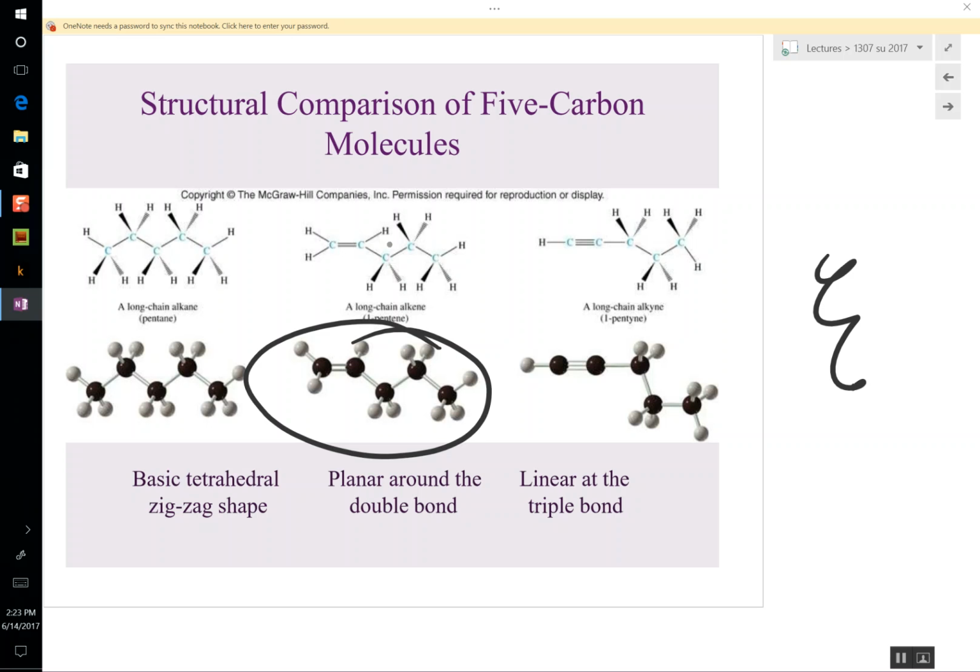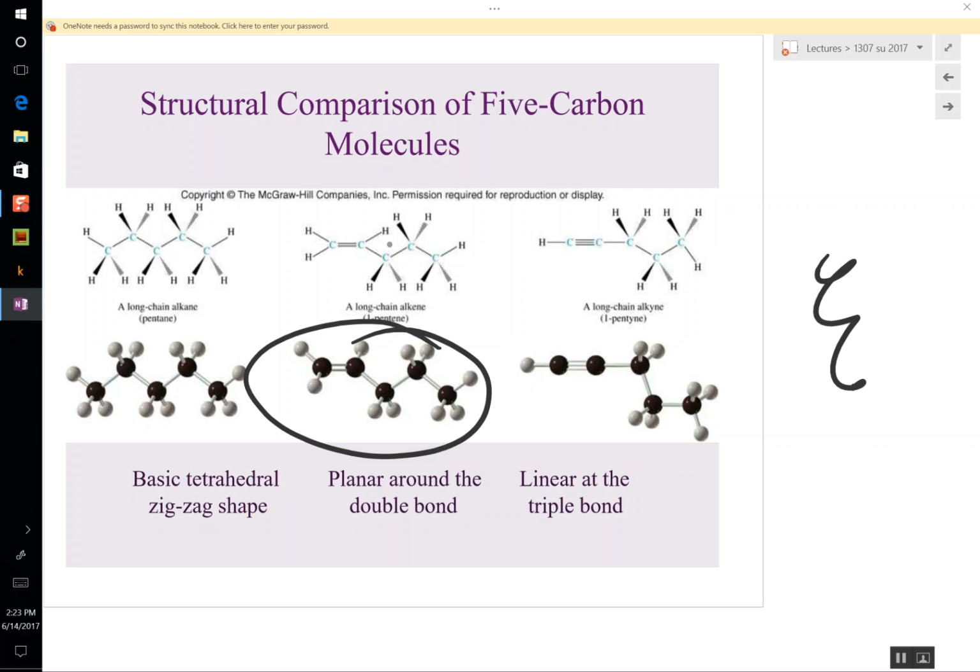What's going to be applicable? IUPAC rules. Find the longest chain. The 6 substituents you learned in chapter 10 are going to be handled the same way in chapter 11. If there's a methyl group, we call it a methyl group. If there's an isopropyl group, it's an isopropyl group.